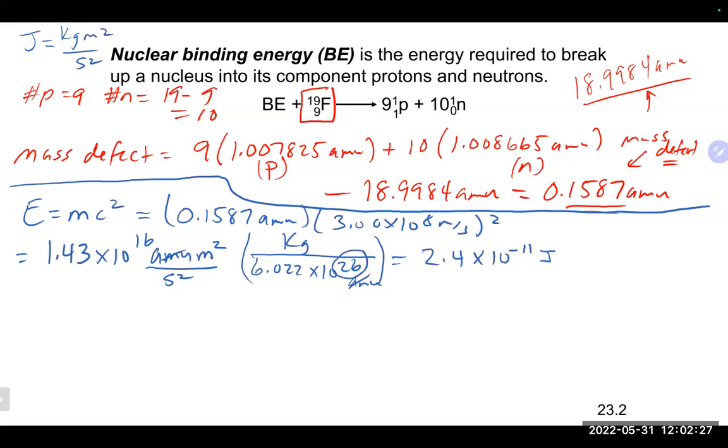This is Avogadro's number, which is to the 23rd for a gram. To the 26 makes it a kilogram, so that's why it's to the 26 in this case and not 23rd.